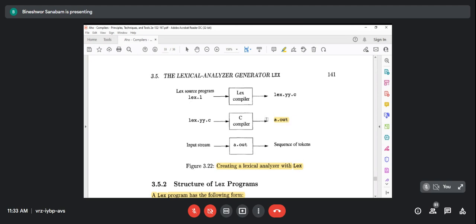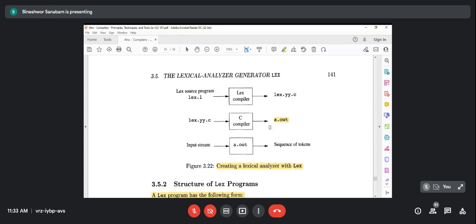So a.out contains all the patterns about the tokens you wrote in the Lex file. All those tokens of if, else, identifiers, relational operators, all the different patterns that we write are finally contained in this output, a.out.